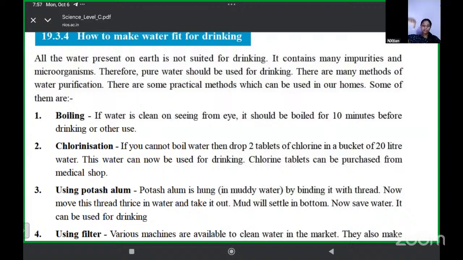It will move in the water, and then the mud and all the impurities will settle down, and the water will be clean. Then you can transfer the clean water into another container. Let the mud remain inside the first one, and the clean water can be used for drinking.